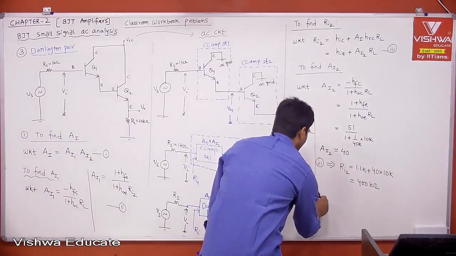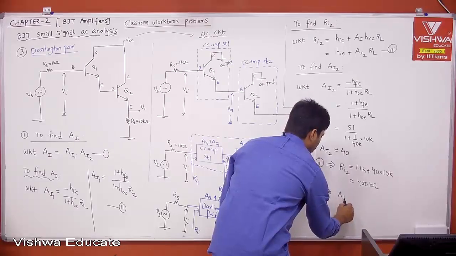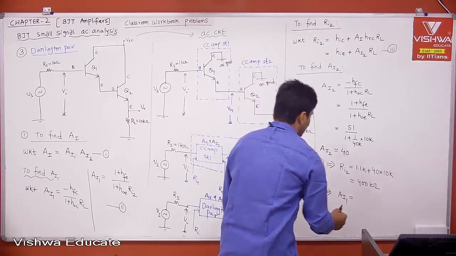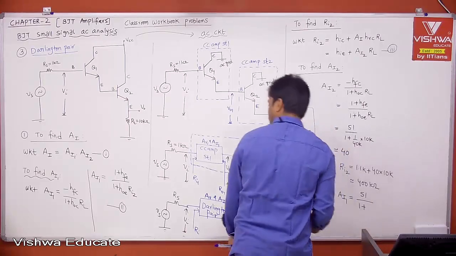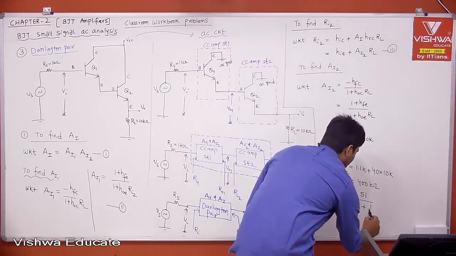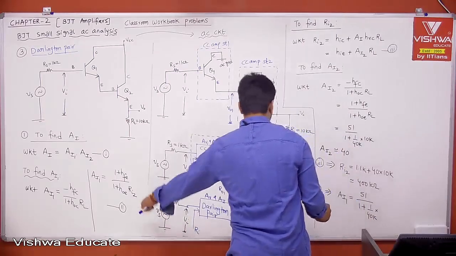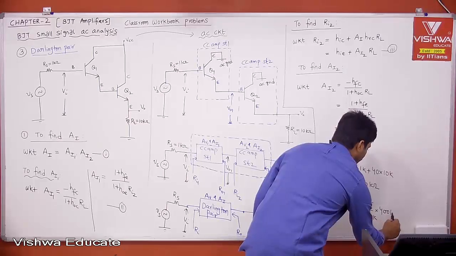Equation 2 implies AI1 is equal to 1 plus HFE, 51, divided by 1 plus HOE, 1 by 40K, into Ri2. Just now we calculated 400 kilo ohm.